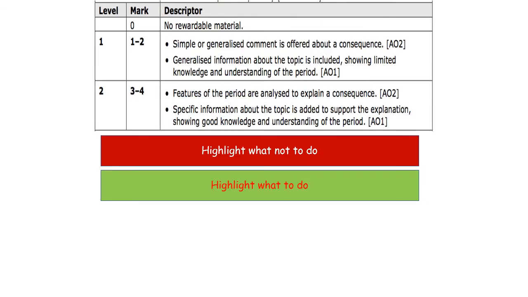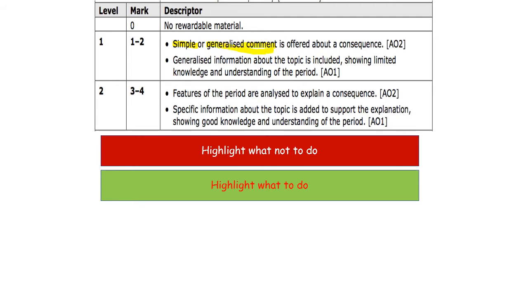Okay, we're now going to introduce the mark scheme for the consequence question. And the first thing I'm going to do is highlight what you should avoid on this answer. So for level 1, which are the weaker responses, you need to certainly avoid simple comments or very generalized comments about the consequence.